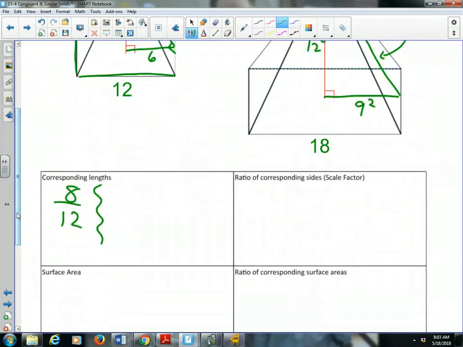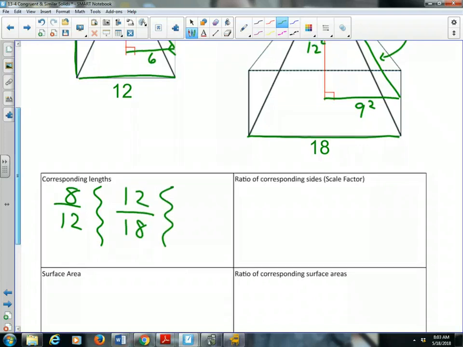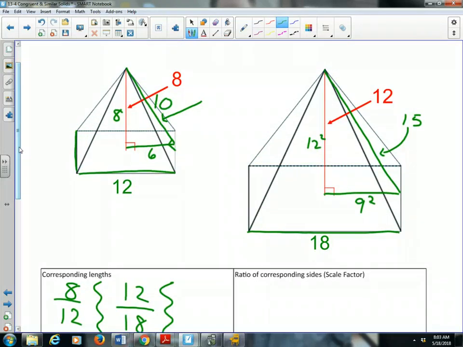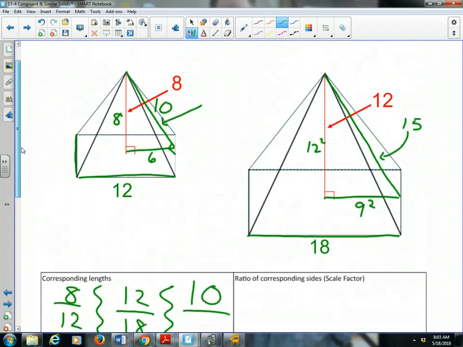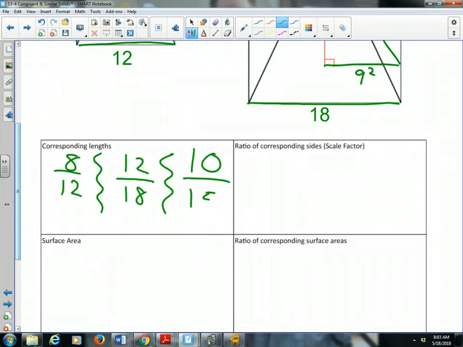The 12 base of the left pyramid corresponds to the 18 base of the other. So 12/18 correspond. And then the slant height we found to be 10 for the left pyramid, and the slant height of the right pyramid is 15.